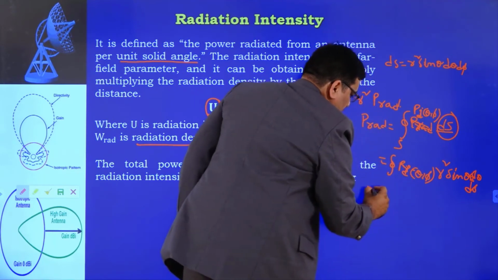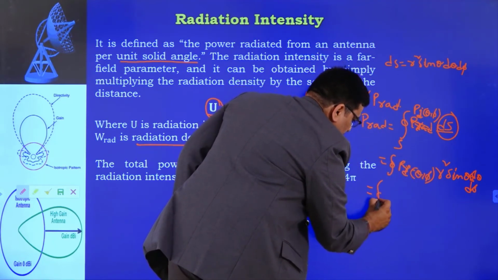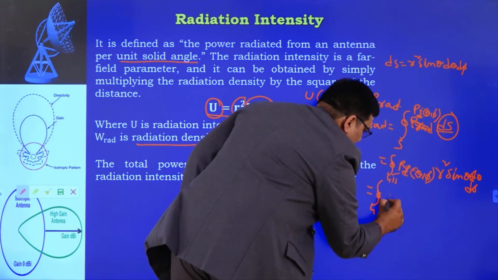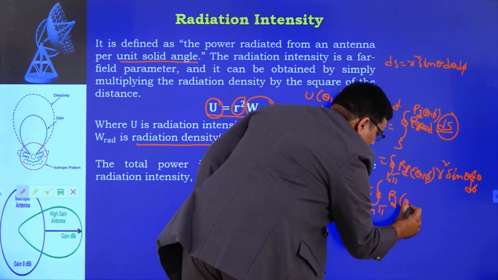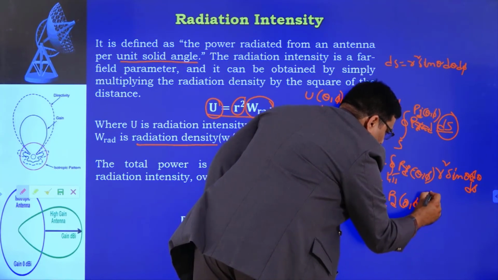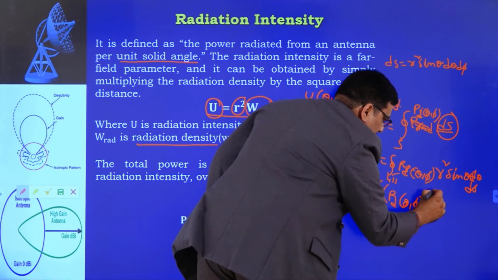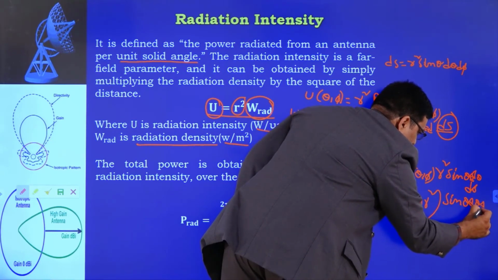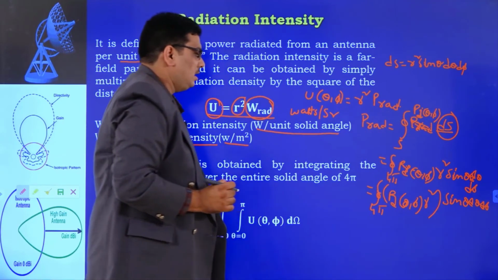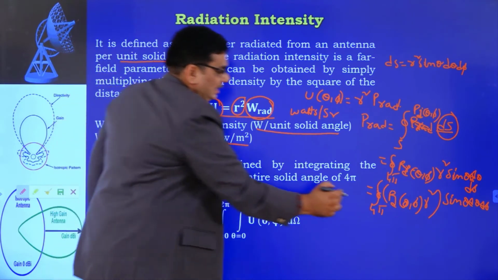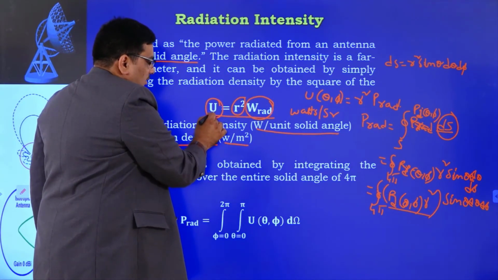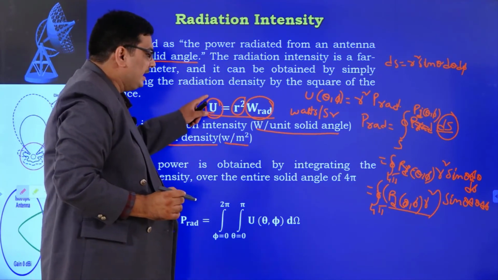If you substitute that value here, over 4 pi, take PD, that means the power, into r square as one single term, and sin theta d theta d phi. We know that r square into power is equal to the radiation intensity.